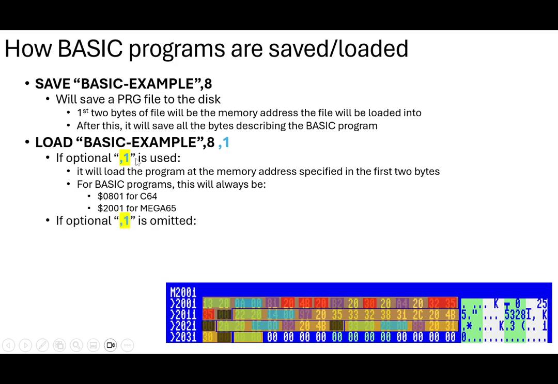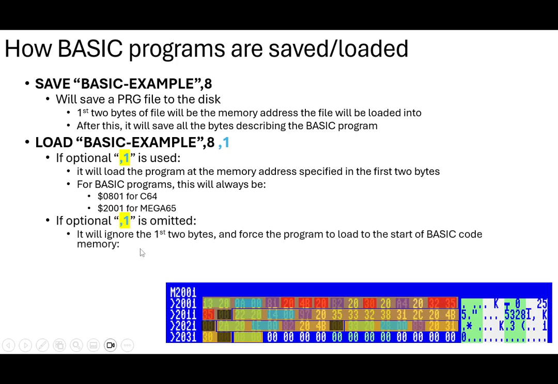But if we don't use the 1, then the basic loader is going to ignore those first 2 bytes. So if you specified something else here, maybe a different address like C000, BASIC is going to just say, I don't care where you want this program loaded, I'm going to force it to where the start of BASIC is.